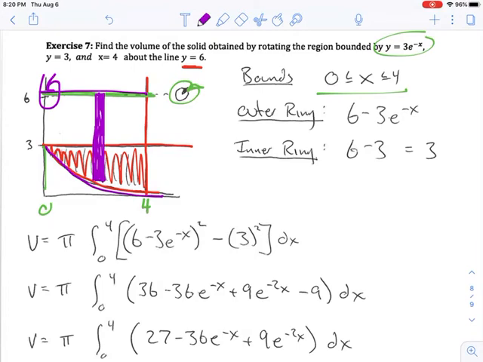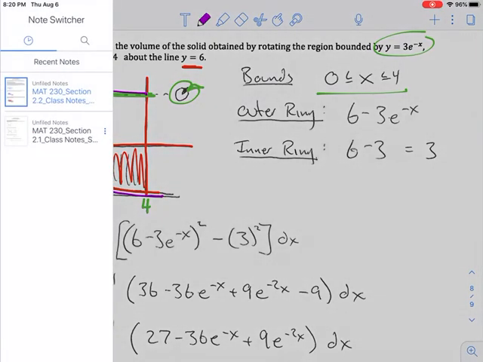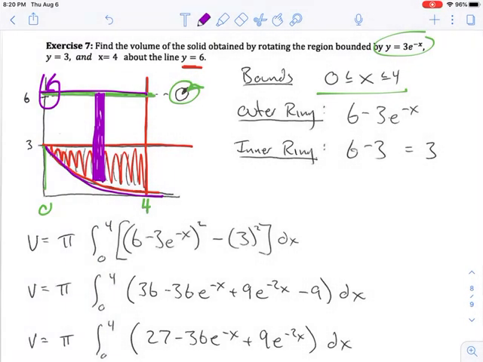So 6 is the distance from the x-axis to the line. That's this distance. And then this function is the other distance in here, so we want to basically subtract them. This distance is 6 minus 3e to the negative x. So I hope I made that clear.